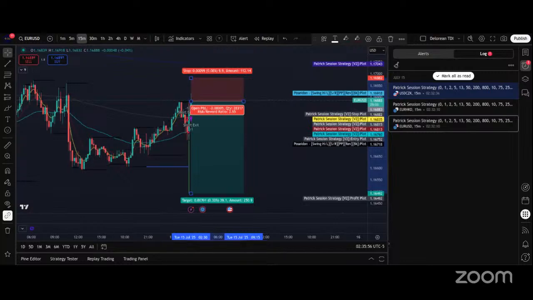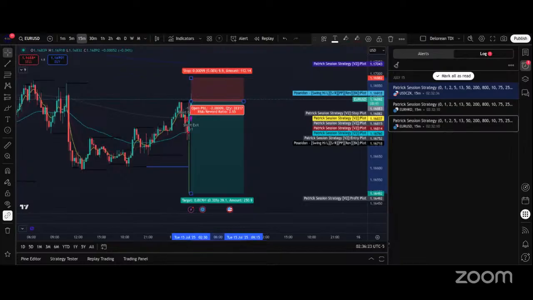Let's get rid of the prior signal and get some new parameters here. This is going to remain a market execution sell on the 15-minute. The risk reward ratio increases to 3.95.